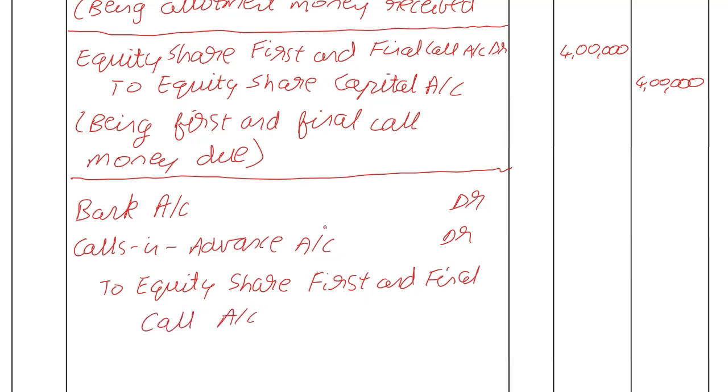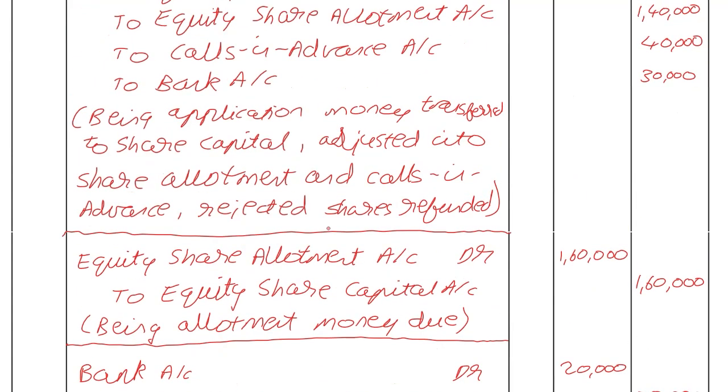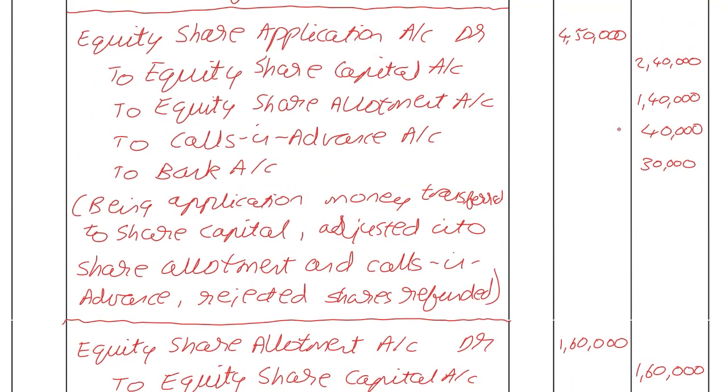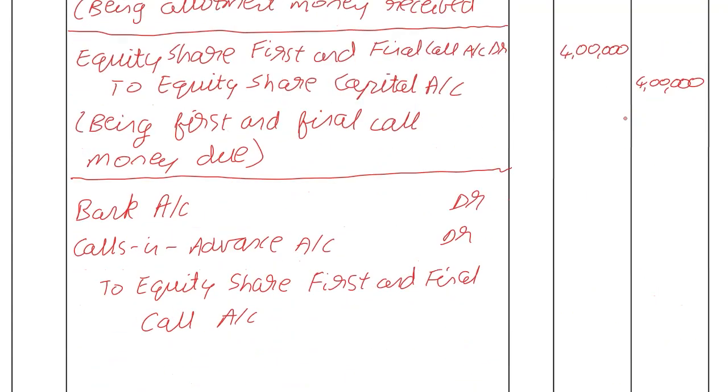Calls in advance is how much? 40,000. The same 40,000 I write down as a debit entry. How much am I supposed to receive altogether? 4 lakhs. But people have already paid 40,000. So how much will I get in my bank account? The difference, which is 3,60,000. And therefore, full 4 lakhs goes here.